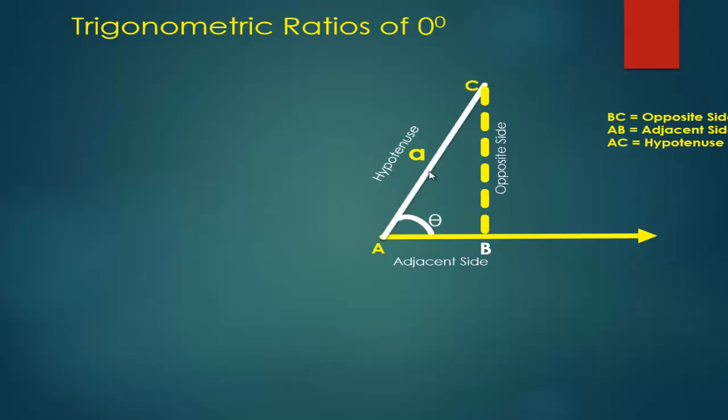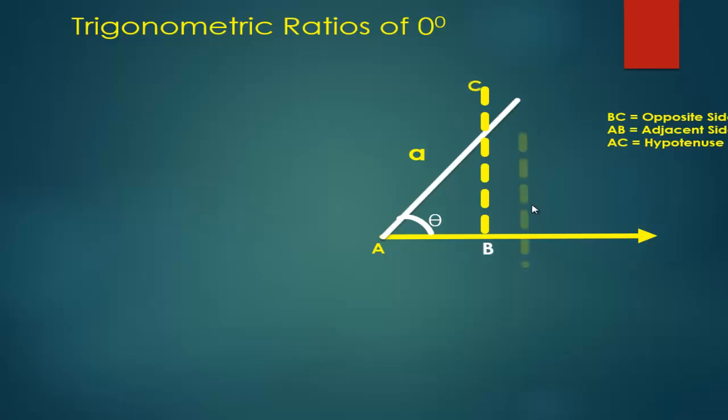See once again, when AC leans on AB, what happens? The angle made by it decreases, meaning theta is decreasing. When angle theta decreases, the height of C, that is the opposite side, decreases, and B is shifted from here to here, that is the adjacent side increases.